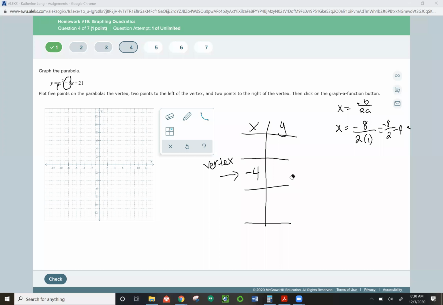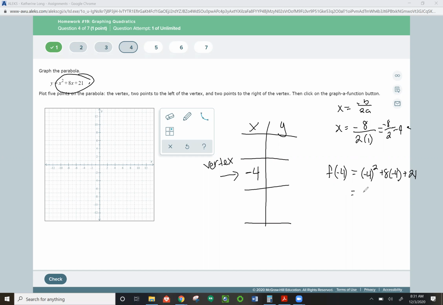Okay, so what's the Y value? Well, all you have to do is find F of negative 4, meaning that everywhere you see an X inside of this equation, I'm going to plug in a negative 4. So I have negative 4 squared plus 8 times negative 4 plus 21.